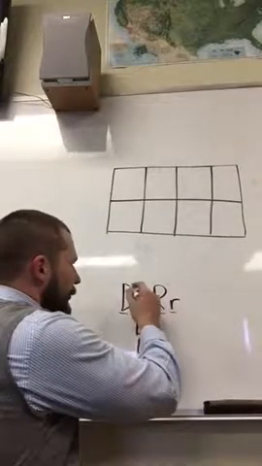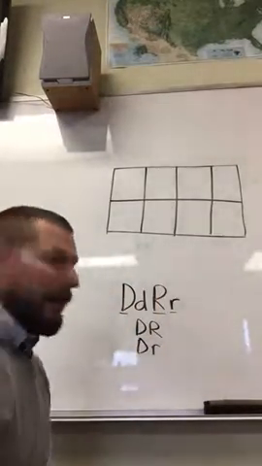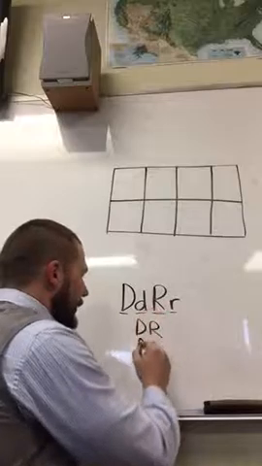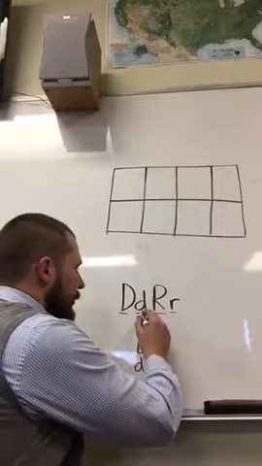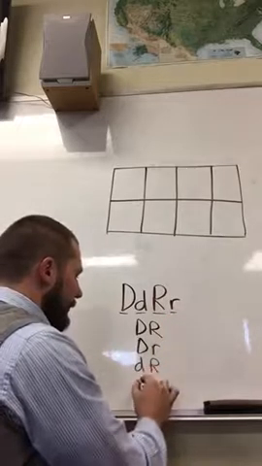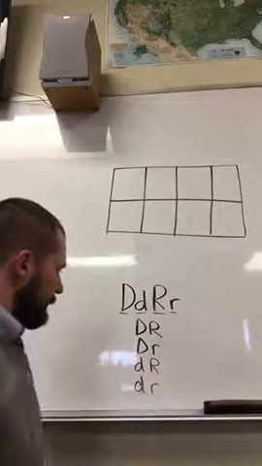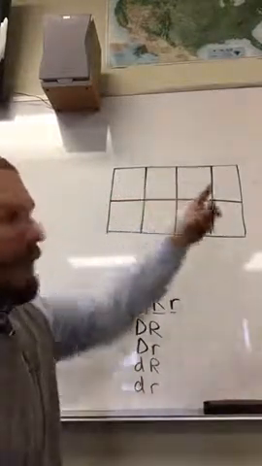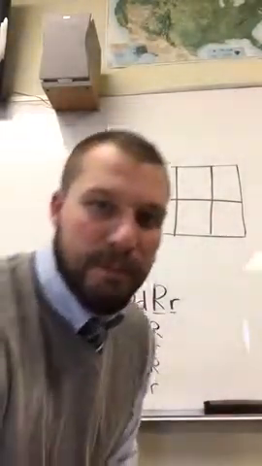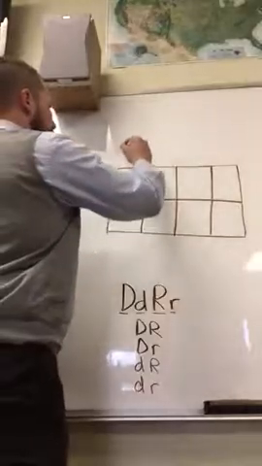Now that I've used up all of the capital D's, let's try the lowercase d. I could do lowercase d with a capital R, and I could do lowercase d with a lowercase r, giving me 4 possibilities, and that is why I have 4 squares right there. So I can go ahead and fill those in.